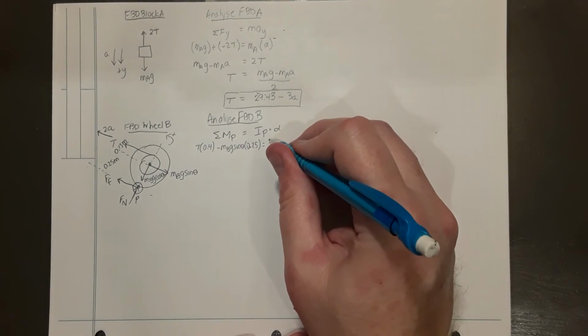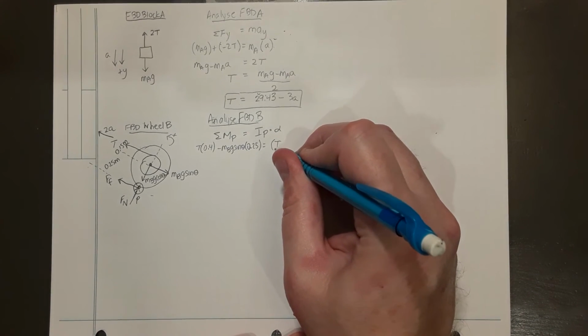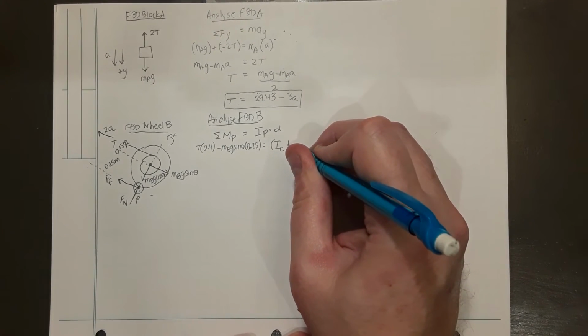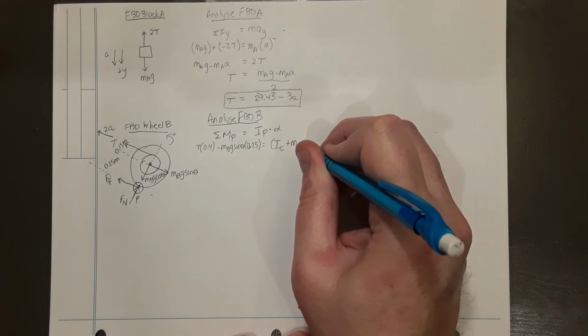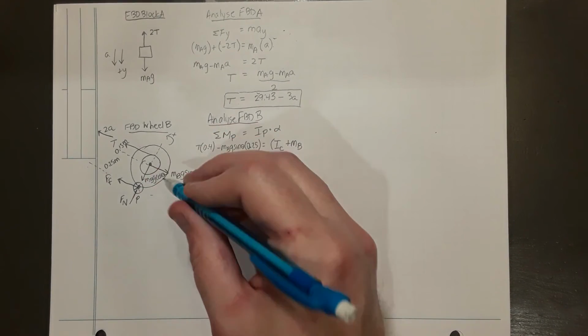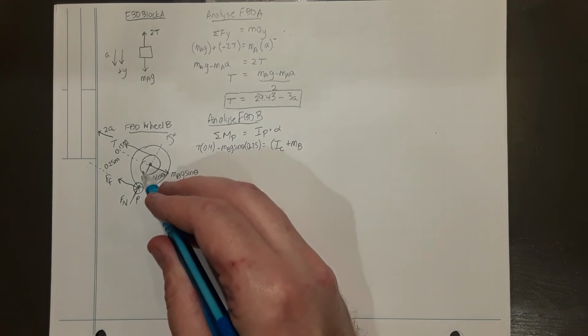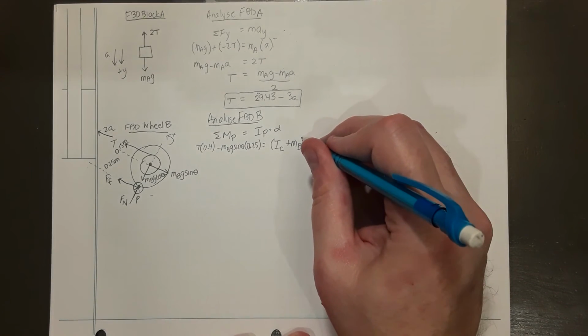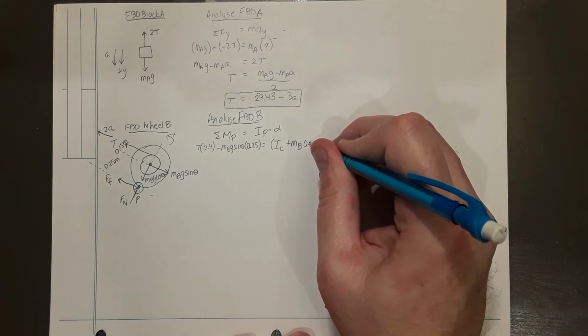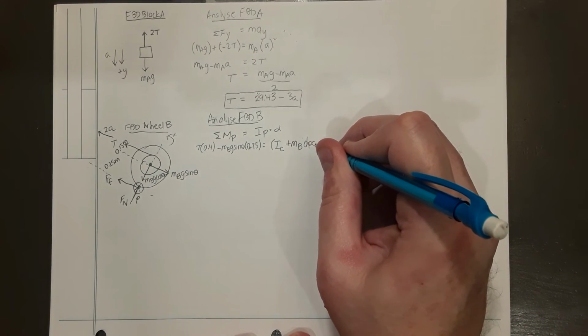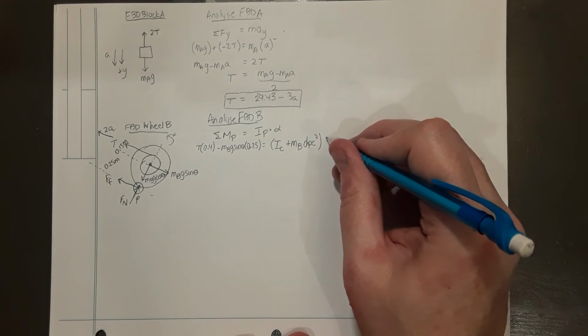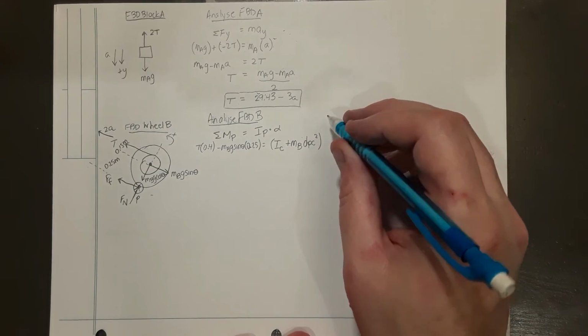That's going to equal the moment of inertia around axis P, which is the moment of inertia around its centroid plus the mass of this object times the distance between P and the centroid squared. The distance between P and the centroid turns out to be 0.25.